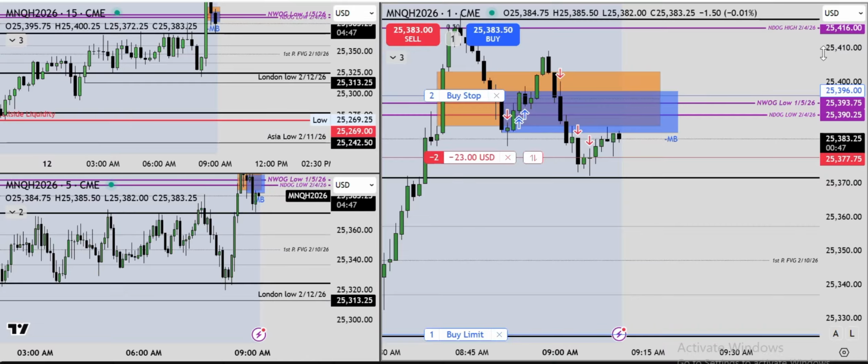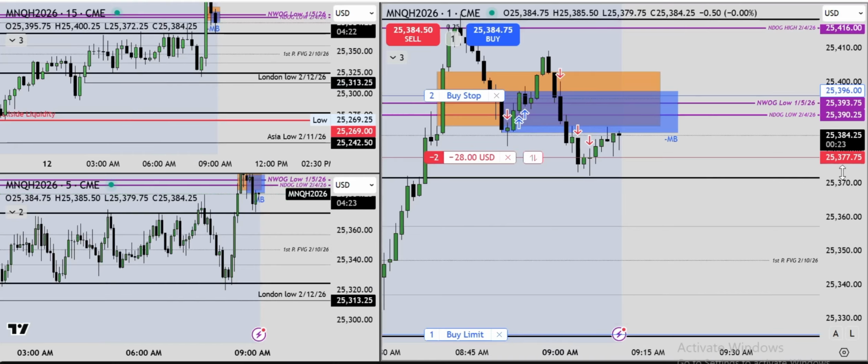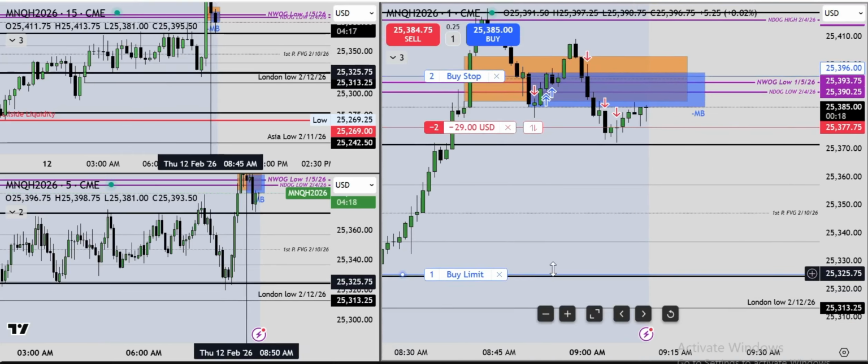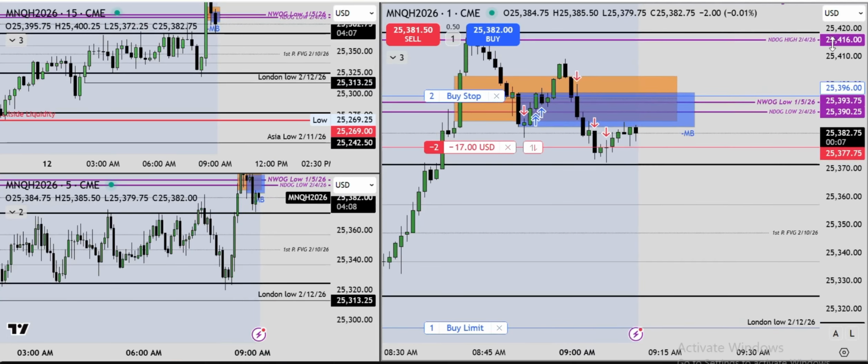Yeah, all that price action from 3 till about 8:30 was just sideways to me. It was consolidation. So the minute we got that run up at 8:30, my eye was looking towards London lows, and just the end of that, the bottom of that consolidation, as a draw.